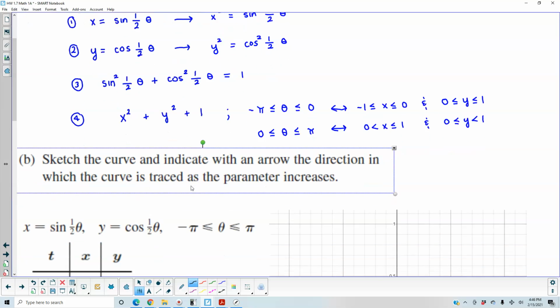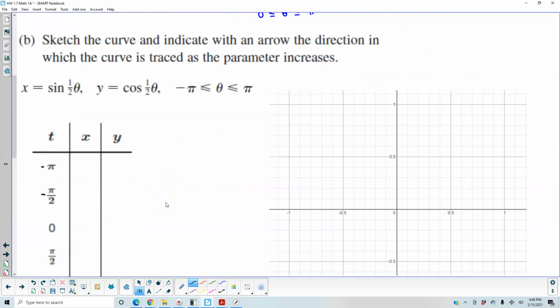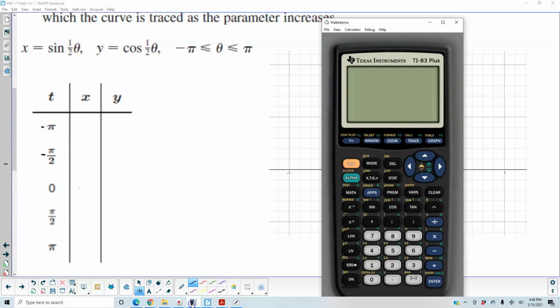We want to be able to sketch the curve and then indicate with an arrow the direction in which the curve is traced as the parameter increases. So if we know that we're going to be going from negative pi to pi, we're going to get negative pi over 2, 0, pi over 2, and then pi. And we're going to plug in these values in for theta to find out what x and y is. So we're going to take sine of 1/2 of negative pi. So let's go ahead and do that.